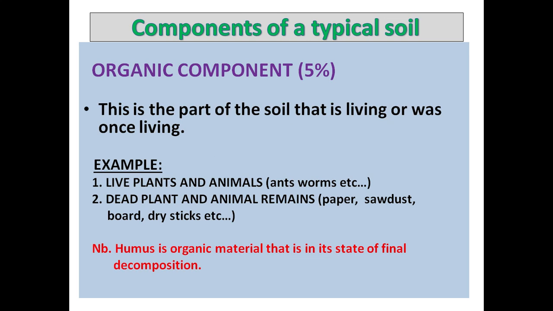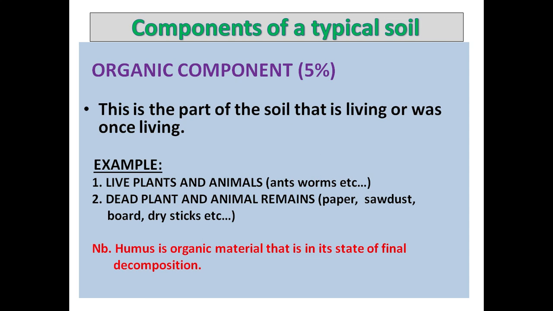Alright, so note briefly, humus is organic material that is in its state of final decomposition. So when plants and animals are dead, they will normally go through a stage of decomposition whereby microbes will feed on those materials. Now, when those organic materials are fully broken down to a state where they cannot be broken down any further and where the nutrients can be released, then it is referred to as humus.